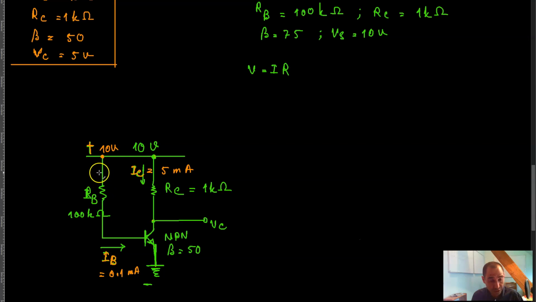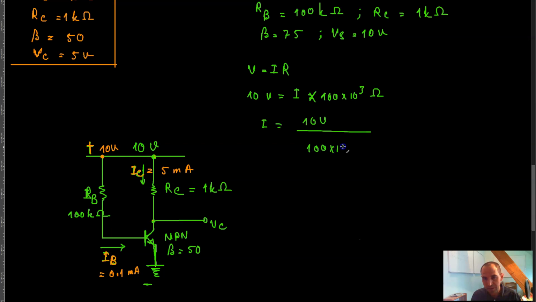So I can simply imagine that 10 volts is dropped across this resistor, and the resistance is 100 kilo ohm, which is 100 times 10 raised to the power 3 ohms. So your I would be equal to 10 volts divided by 100 times 10 raised to the power 3 ohms, which is 10 raised to the power negative 4 amps.